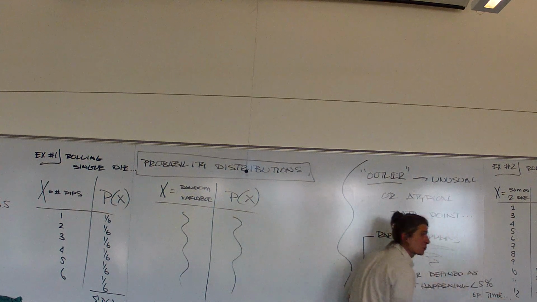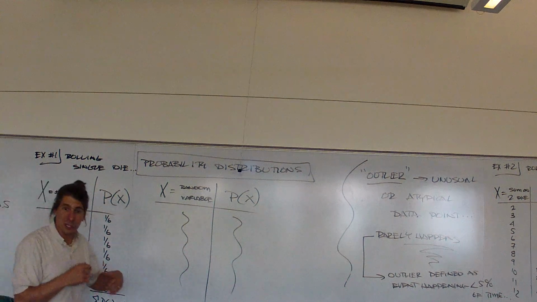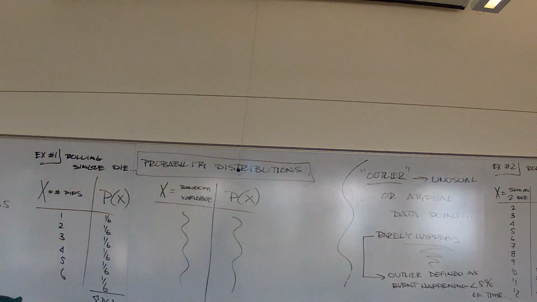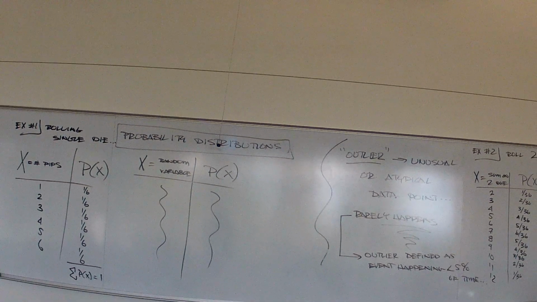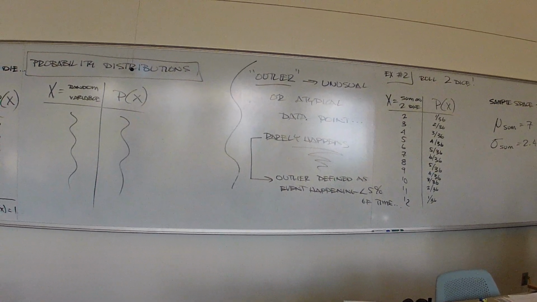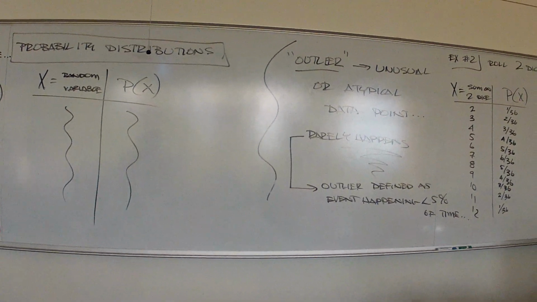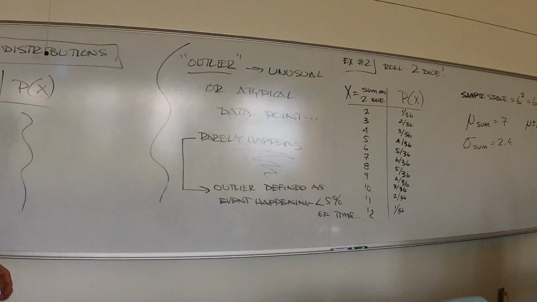This is my favorite definition of an outlier. Look at the distribution of probabilities. Find the ones that rarely happen. Those are the outliers. And to quantify it, the outliers are going to happen less than 5% of the time.